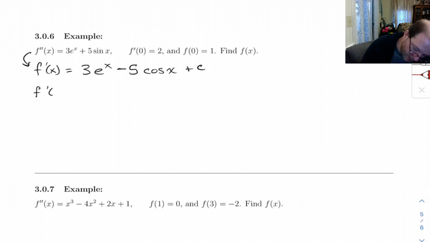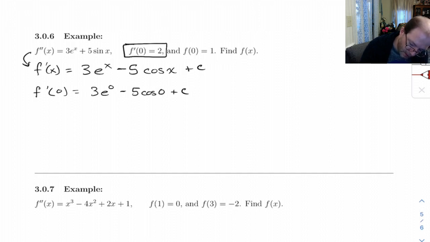All right, so let's use this bit of information here. f prime of 0 is 3e to the 0 minus 5 times cosine 0 plus c. Now, e to the 0 and cosine 0, both of those are 1.